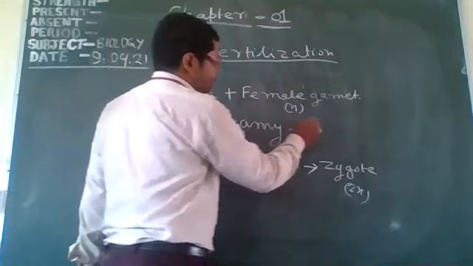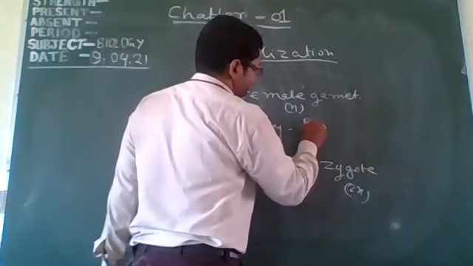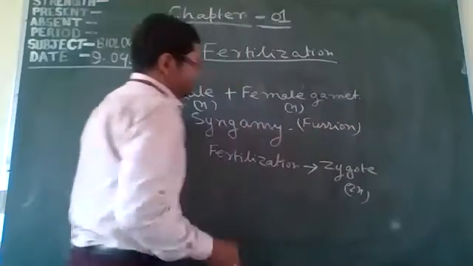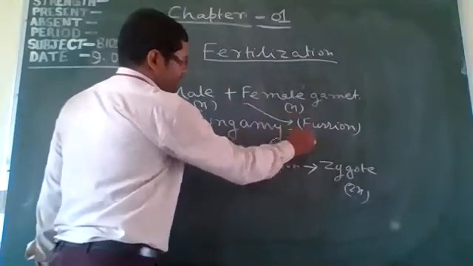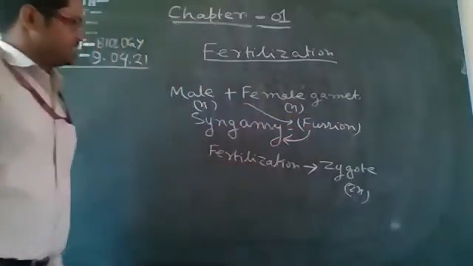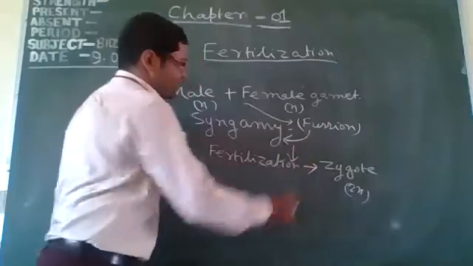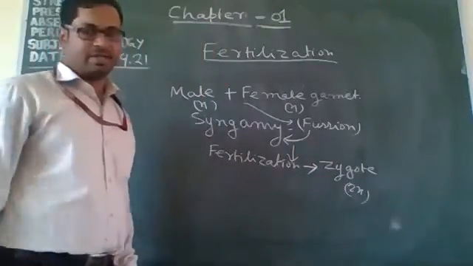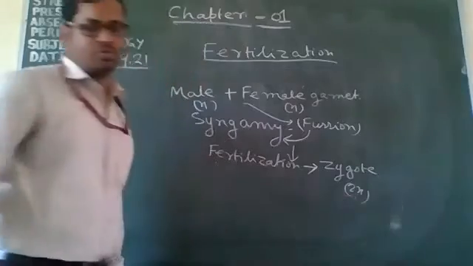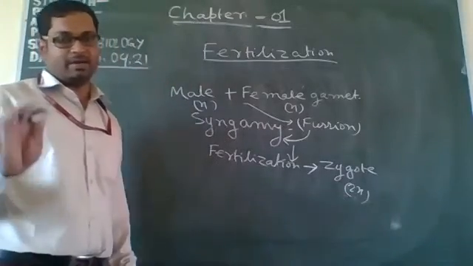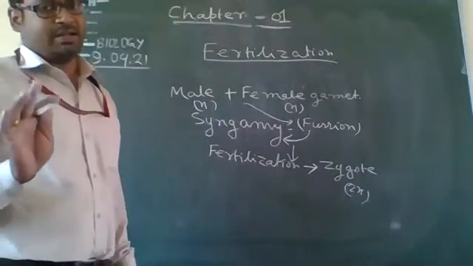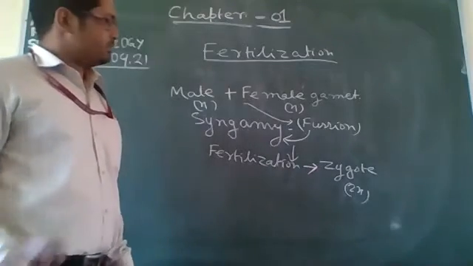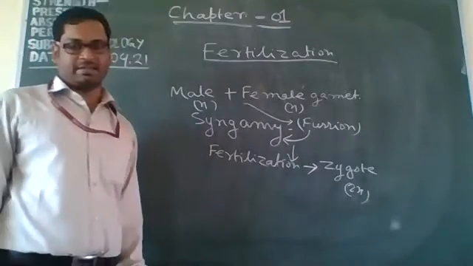When they fuse, it is called syngamy. This is called fertilization, and then they produce the zygote. The zygote is 2N, that means diploid. All zygotic cells are diploid. This is the known fact of fertilization.